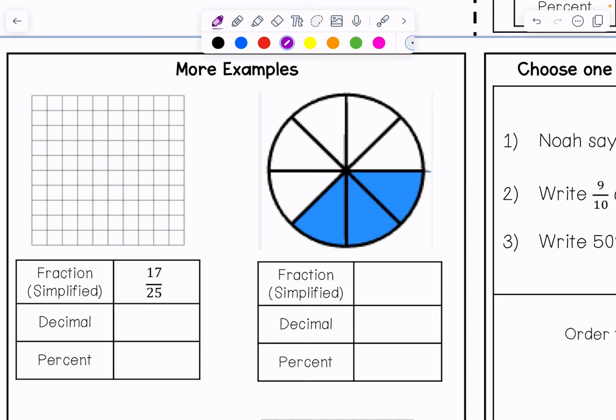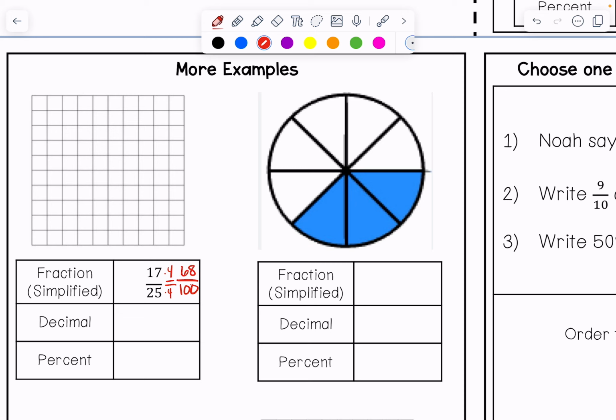We could either divide 17 divided by 25, reading it top to bottom like that. I also know that 25 evenly goes into 100, so what I'm actually going to do is set up that proportion. And so 25 times 4 will give me 100, so if I do 17 times 4, that's going to give me 68.